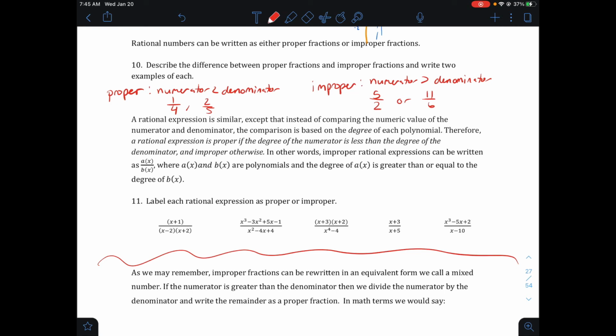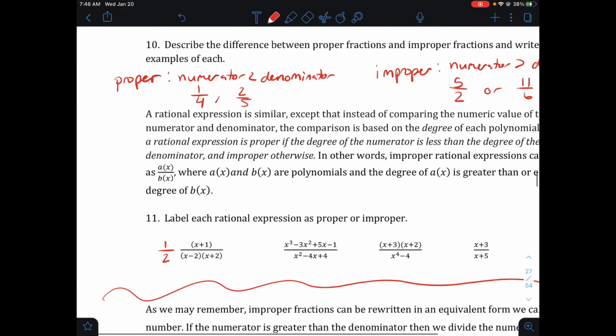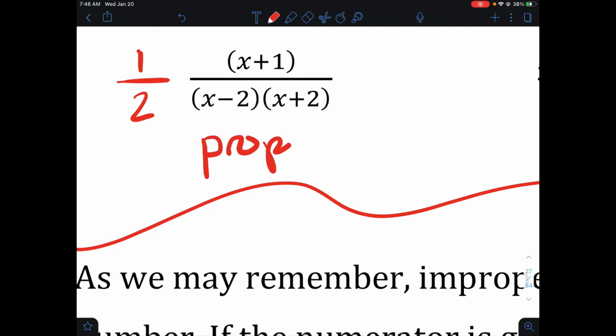In other words, improper rational expressions can be written as a of x over b of x, where a of x and b of x are polynomials, and the degree of a of x is greater than or equal to the degree of b of x. So really, I feel like that was a lot of words. All you're doing is looking at the degree. Here we have a first degree over a second degree. So we have small on top, big on the bottom. That's going to be proper.